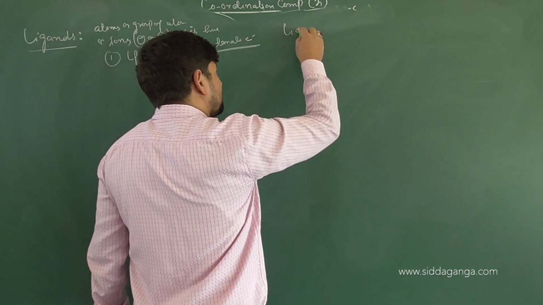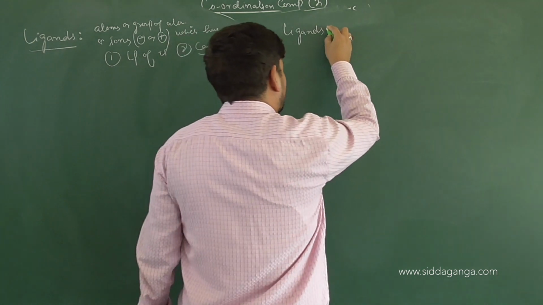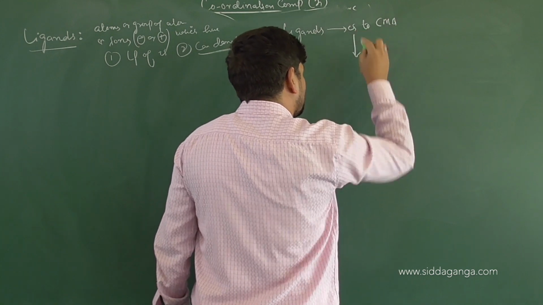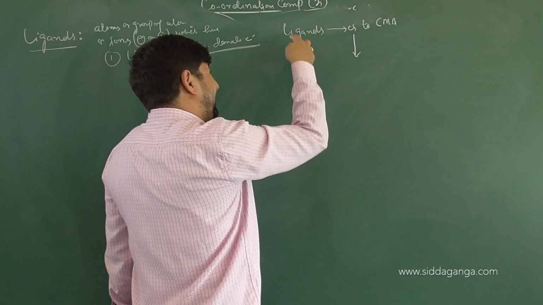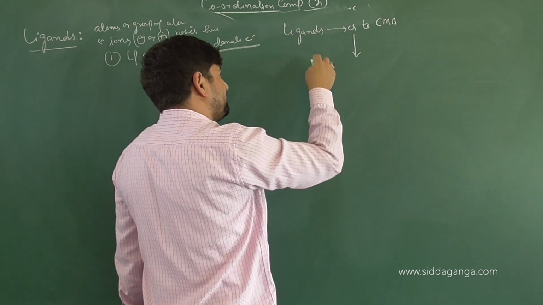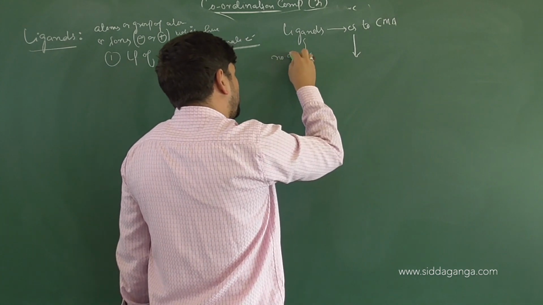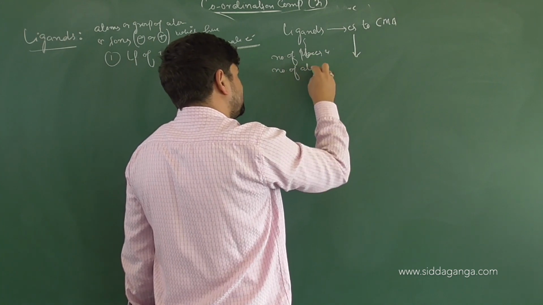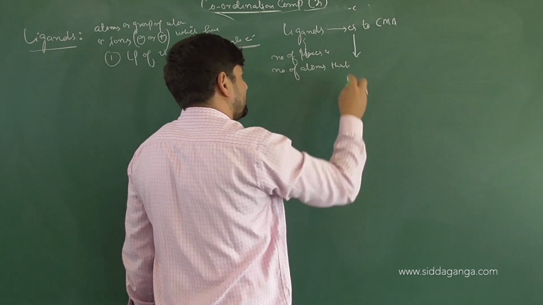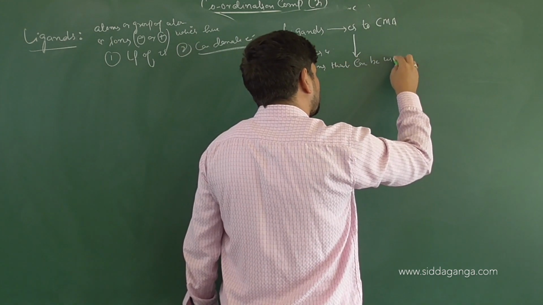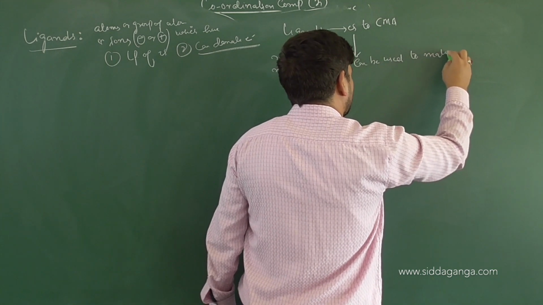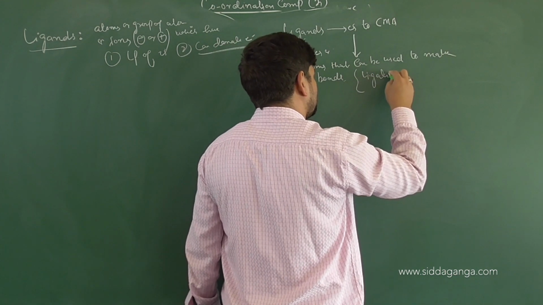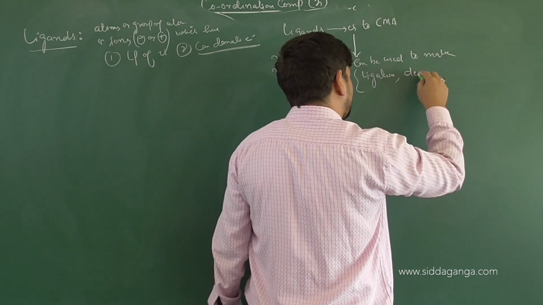Ligands, when they donate electrons to the central metal atom, the number of places or number of atoms that can be used to make bonds, we call that ligation, or in terms, that is called denticity.